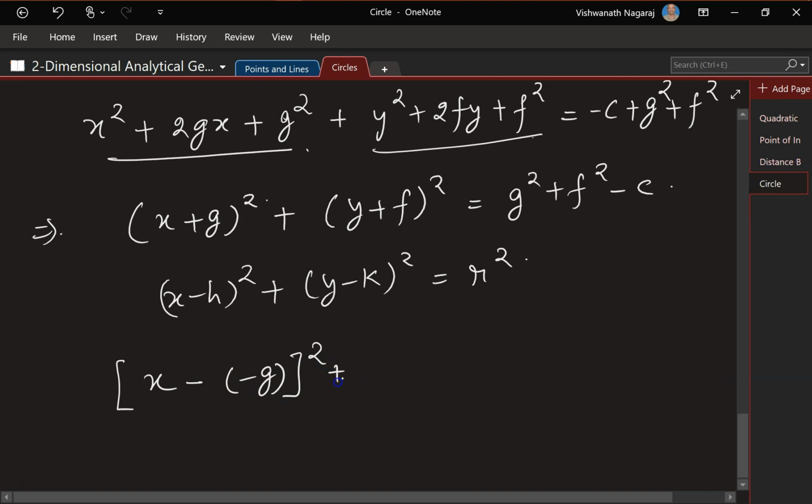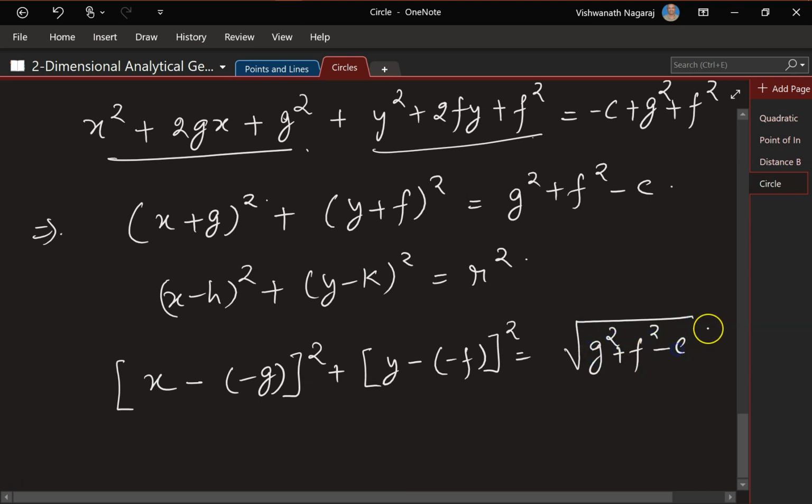plus (y minus (minus f)) square is equal to, now this also we have to write in square form. If we make it square, we have to root it and square it so that we get the original back: the square root of g square plus f square minus c, squared.